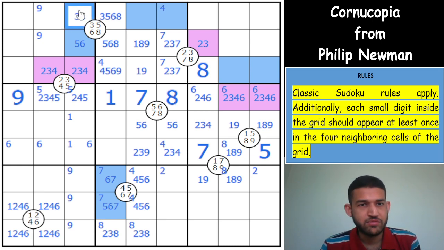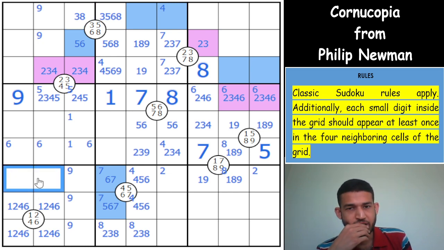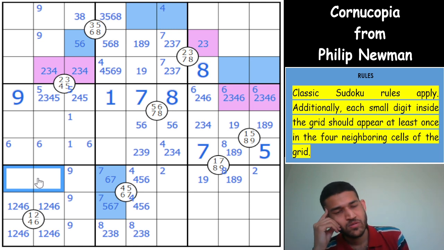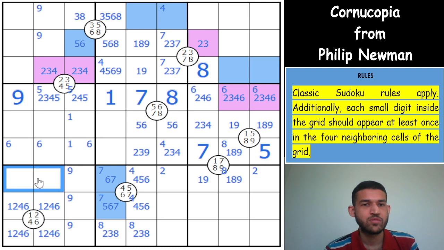Okay, I know that whatever comes here has to be in one of these two cells, but I don't see anything there. So what is the next clever deduction that we are supposed to see?